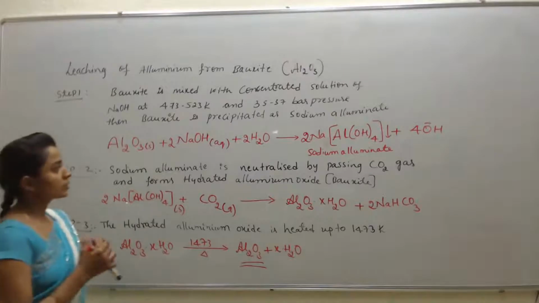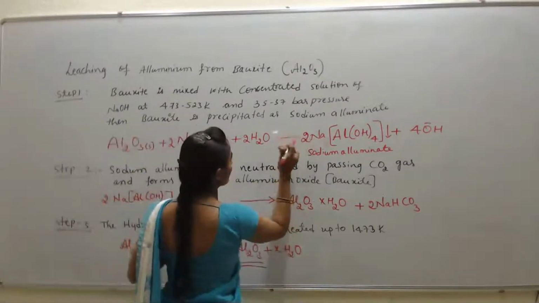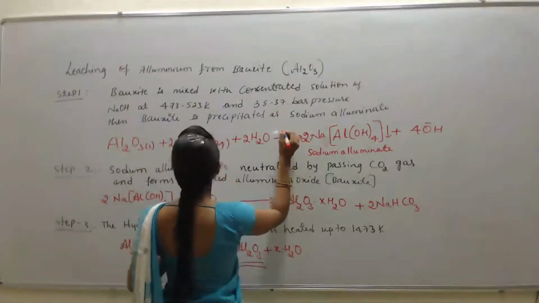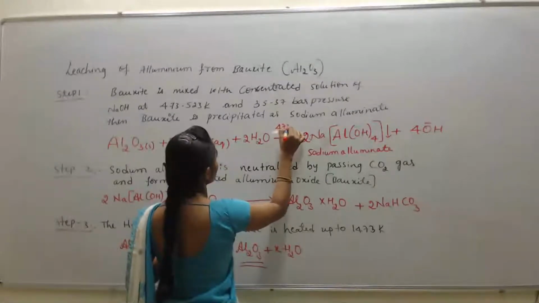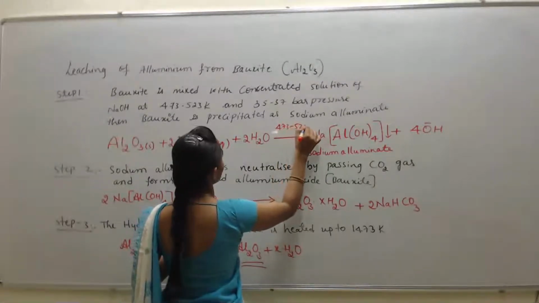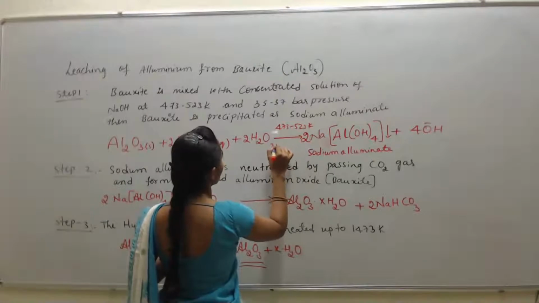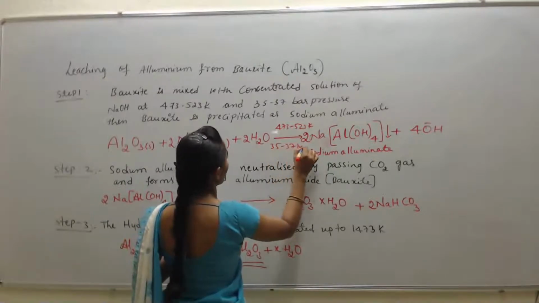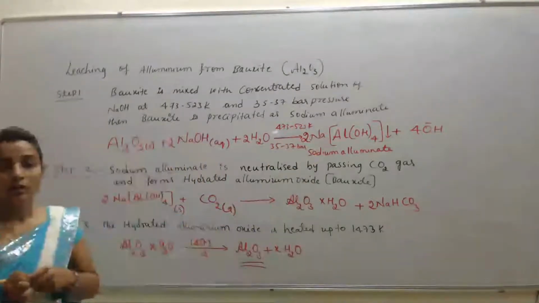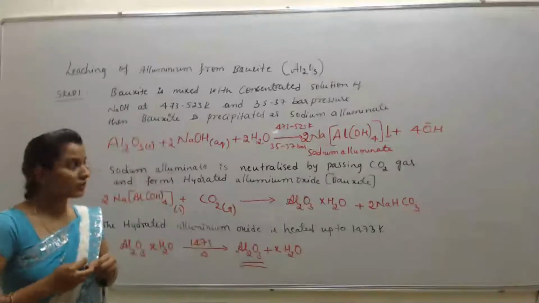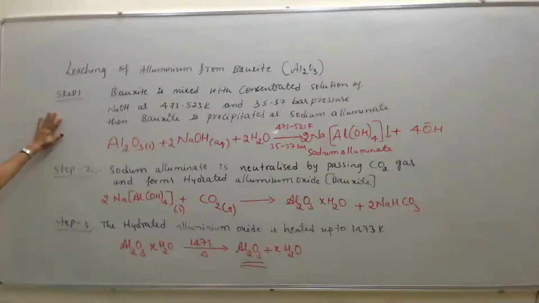Okay, listen students, here I didn't write the condition. 473 to 523 Kelvin, 35 to 37 bar pressure. You have to write the condition also there. So this is the leaching of aluminium from bauxite ore.